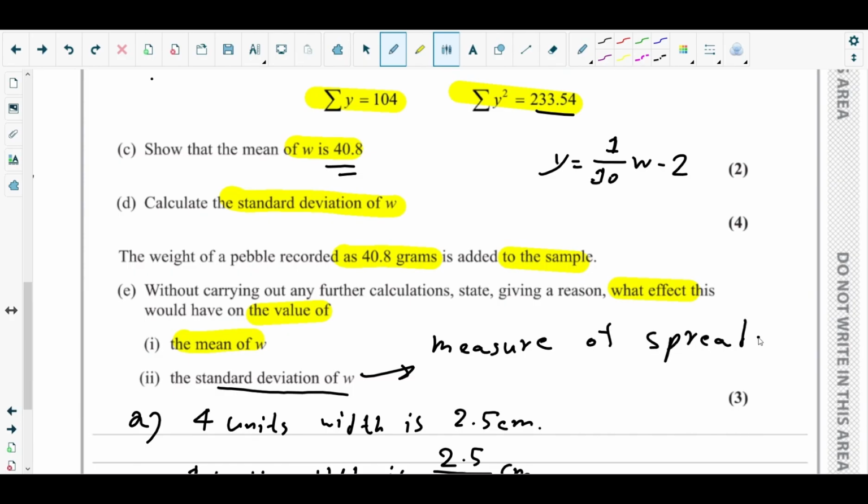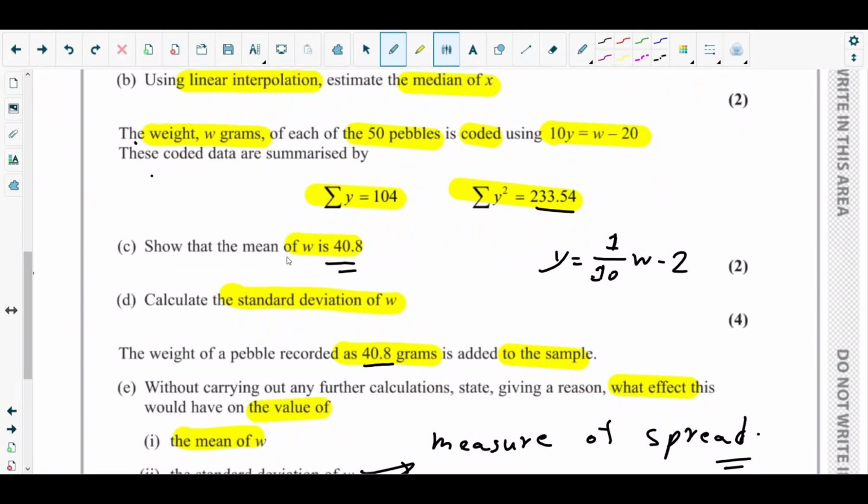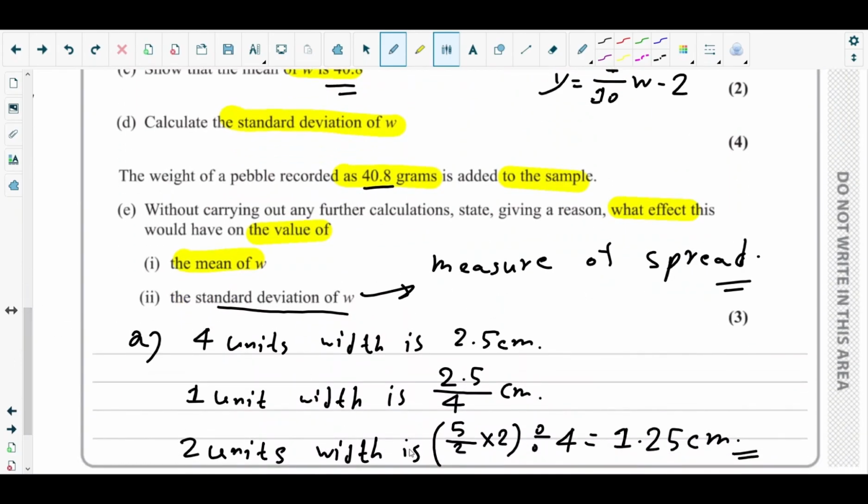It represents how the data values are spreading out, or varying with respect to the mean of the data. The mean of the data was 40.8, and the new data that has been added is also 40.8, equal to the mean, right?